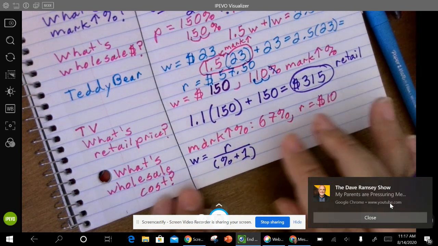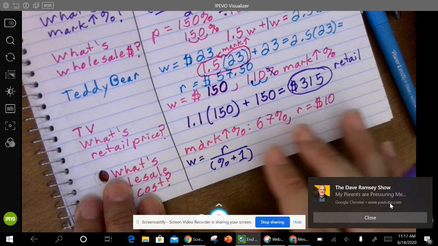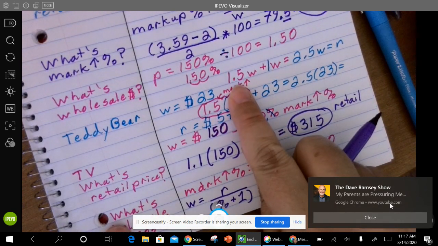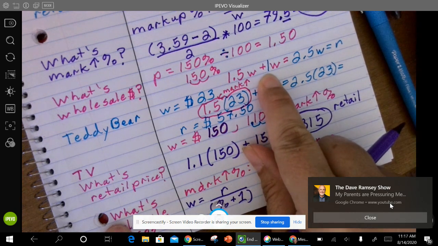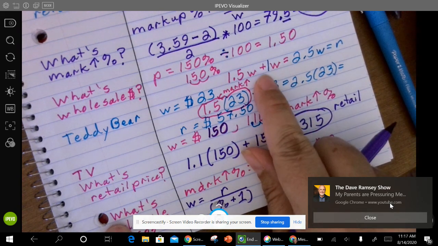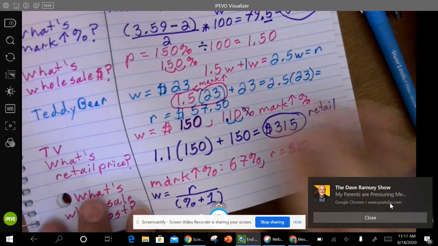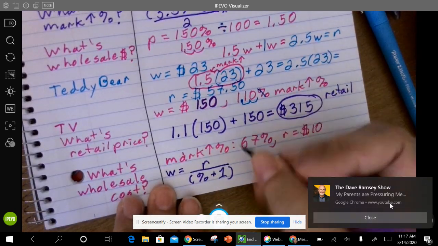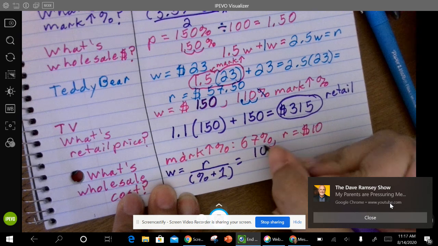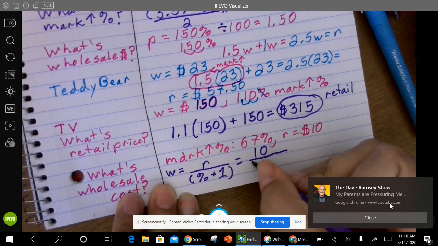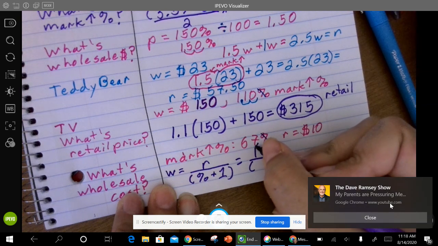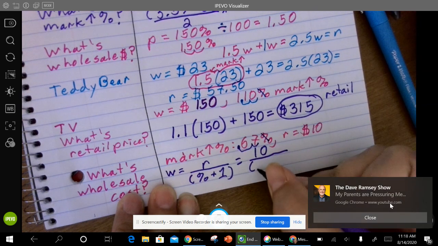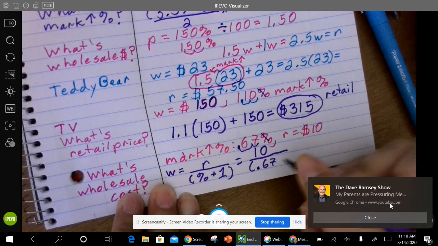And everybody, where I'm getting the plus 1 from: remember up here we had the markup percentage plus the wholesale cost. That's where I'm getting the 1 from. So we're going to substitute those in. So it's going to be $10 divided by 67% as a decimal. So drop the percent sign, go to the left, so 0.67 plus 1.